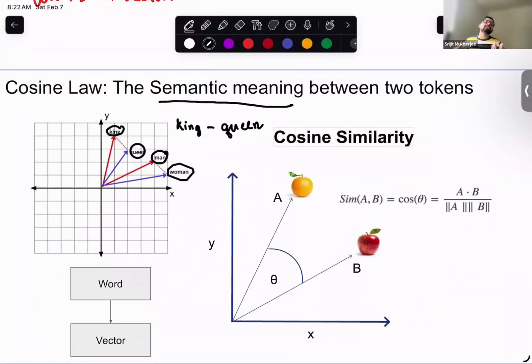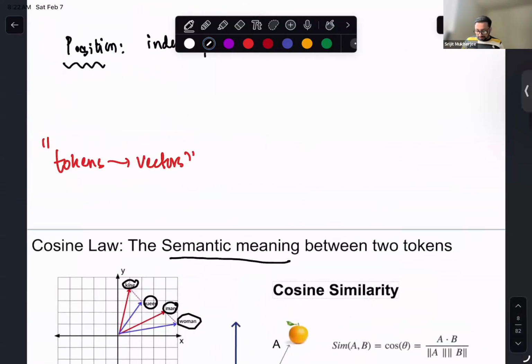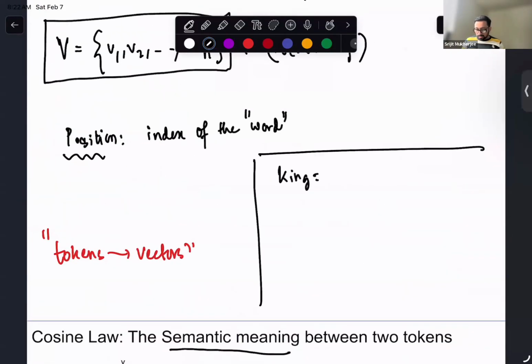When you subtract the queen from the king, the royalty from both the king and the queen is deleted. Right? So you can say in some sense that, let me write here, king is a man plus royalty, and the queen is a woman plus royalty.